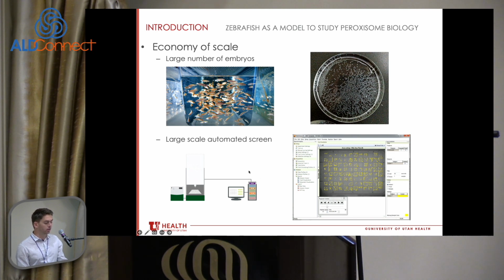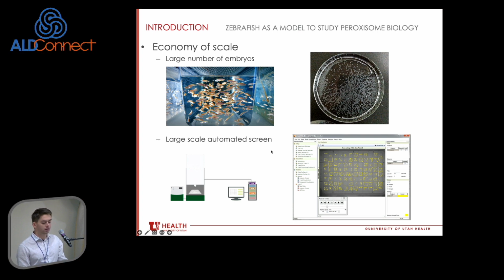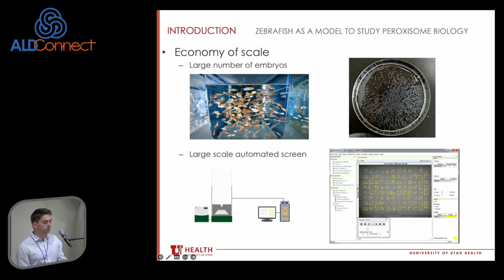In our lab we have developed some tools and devices to generate large automated screens with, for example, recording of the behavior of the zebrafish larvae in a 96-well plate format.